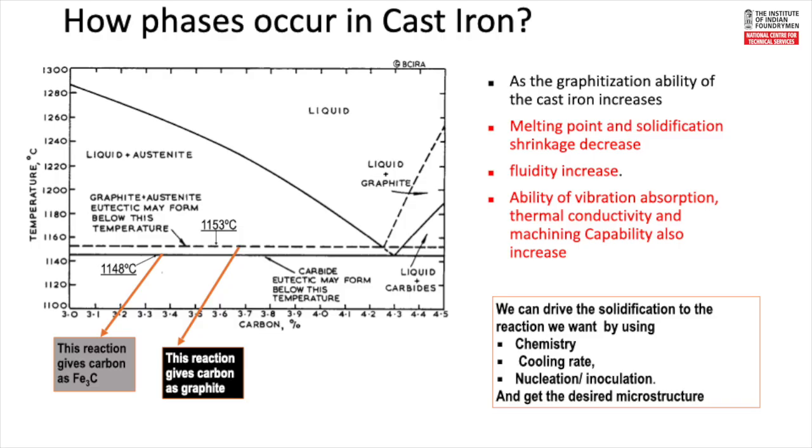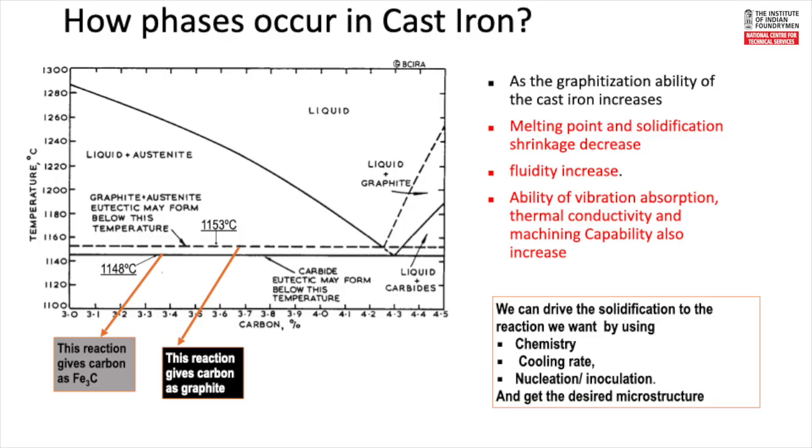So if I have to summarize, we can drive the solidification reaction we want by using control over chemistry, control over the cooling rates to an extent, because cooling rate is a function of what your pouring temperature is, what the geometry of the casting is, and what the conductivity of your molding material is. But casting geometry has a good impact on cooling rates.